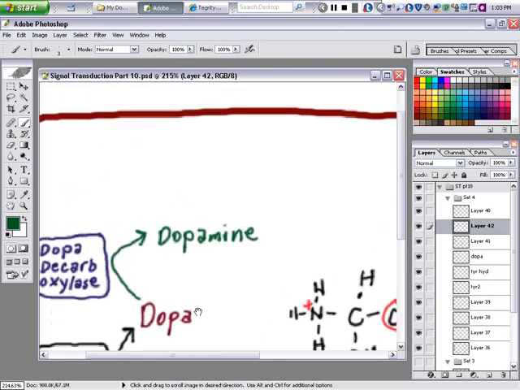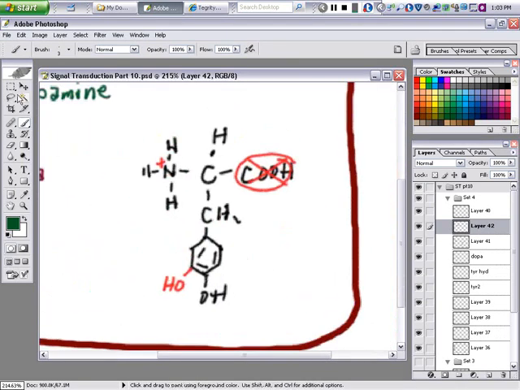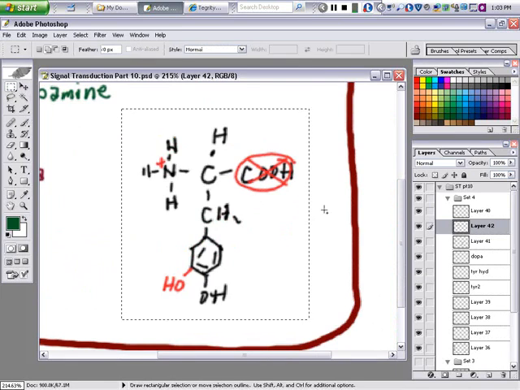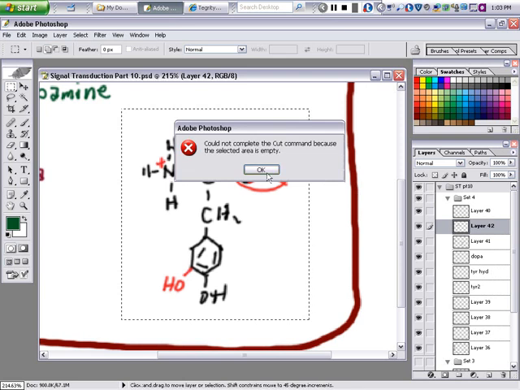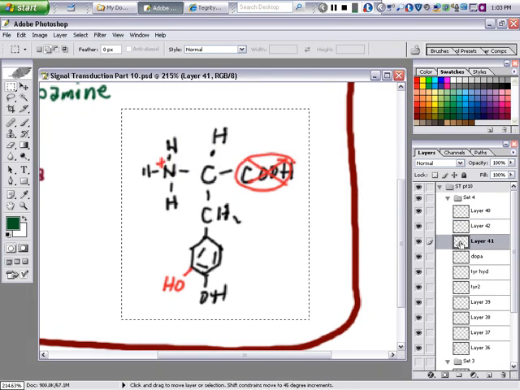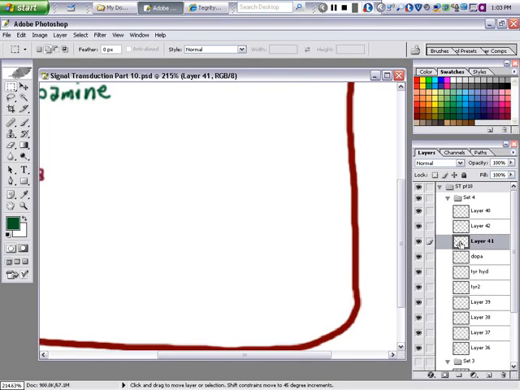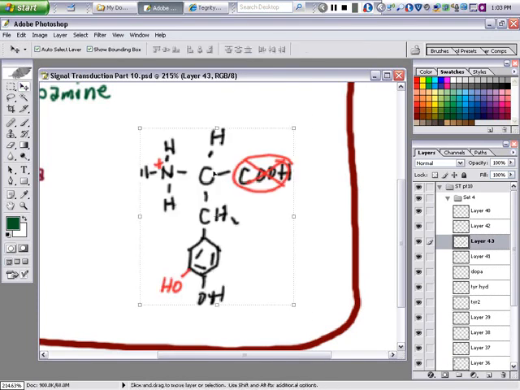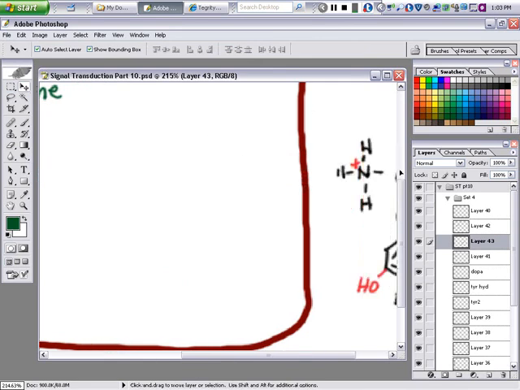Now what's going to happen within this cell, let's see if we can move this out of the way. Okay, I'm going to kind of move this out of the way for a second. Just for now.